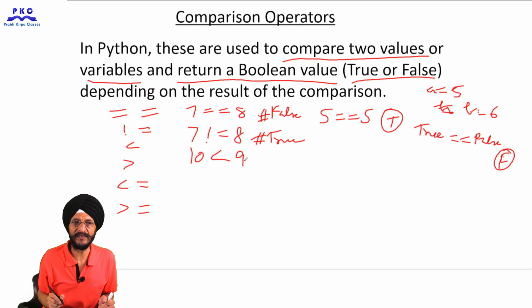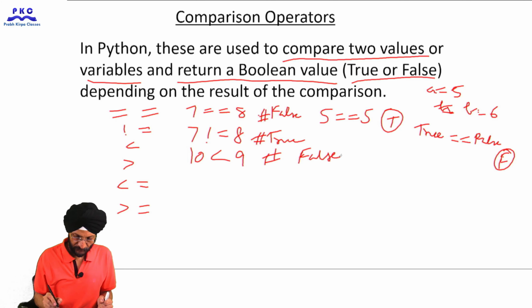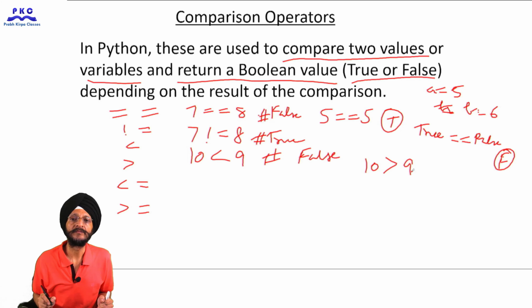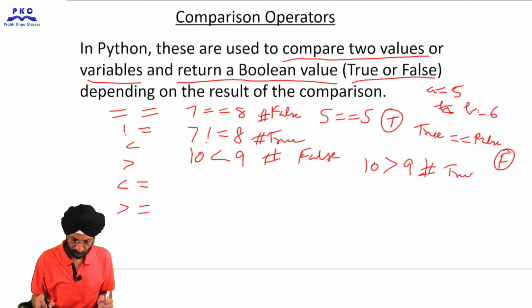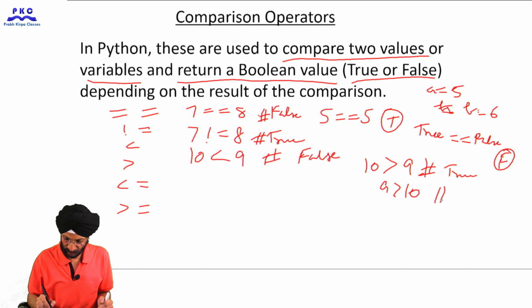Whether 10 is less than 9? No, it is false. Output will be false. If we say 10 is greater than 9, naturally the output will be true. If we write 9 is greater than 10, what will be the output? The output will be false.